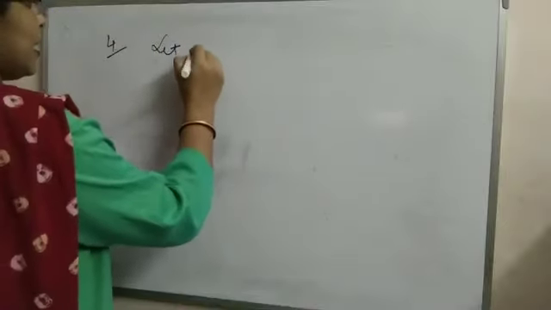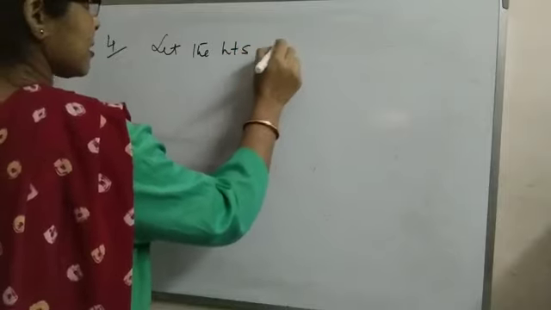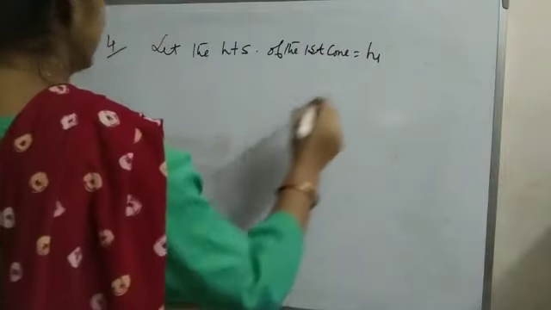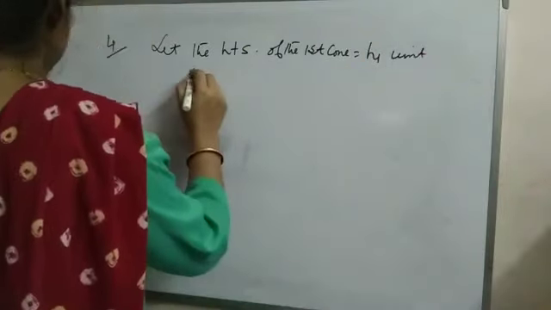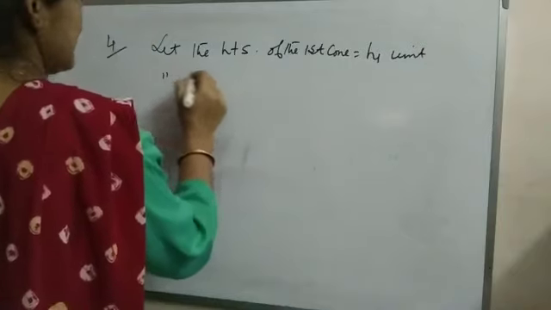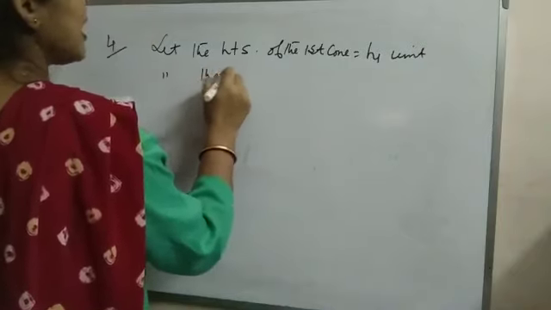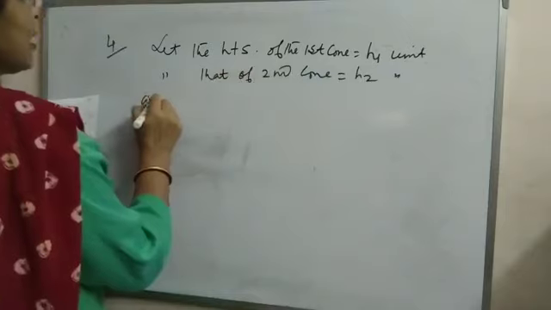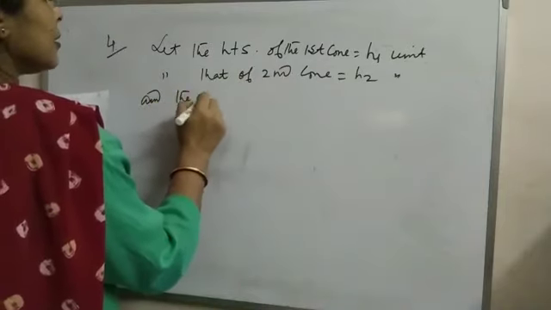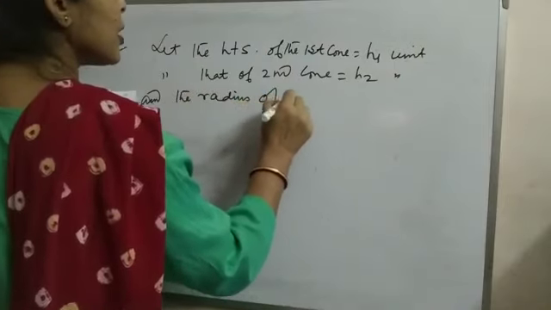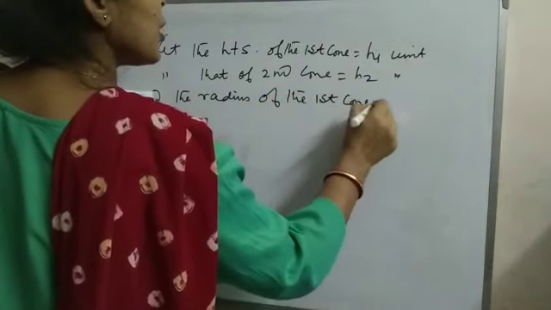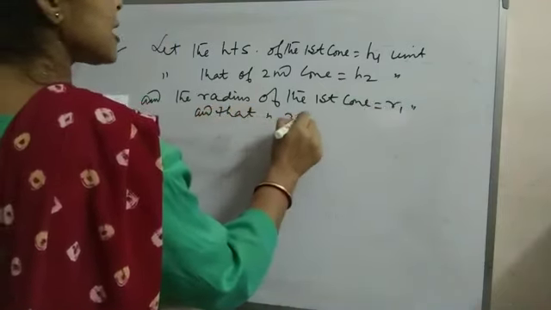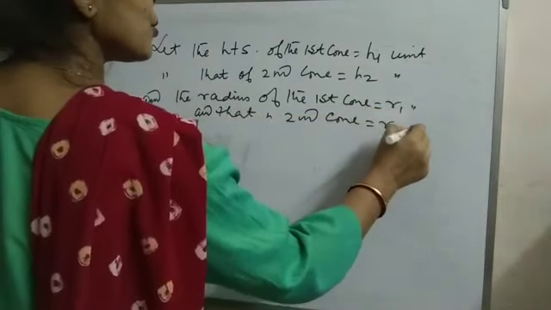Solution: let the height of the first cone equal to h1 unit and that of the second cone equal to h2 unit, and the radius of the first cone equal to r1 unit and that of the second cone equal to r2 unit.